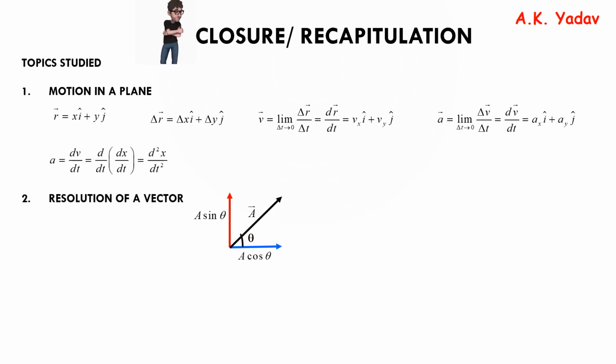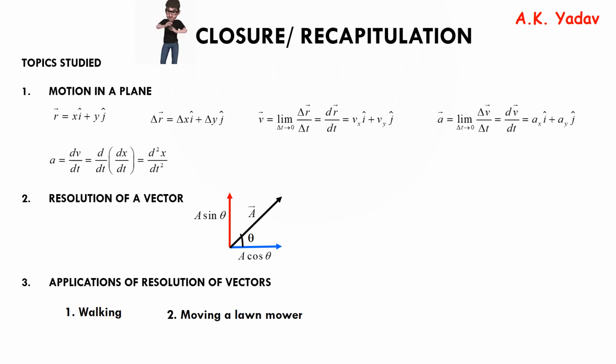Resolution of a vector in the plane, we got a cos theta as the horizontal component and a sin theta as the vertical component, and the application of resolution of vectors like walking, moving a lawn mower.